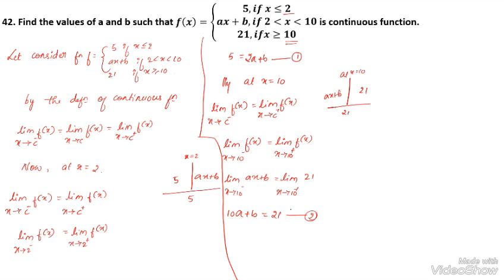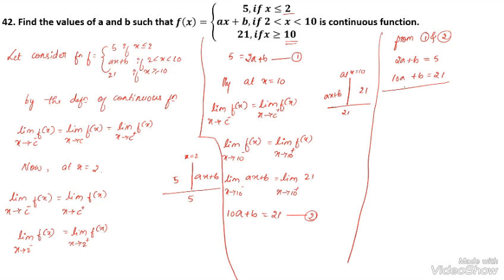From equation 1 and 2, I can solve here. Directly I am taking 2a plus b is equal to 5 and 10a plus b is equal to 21.